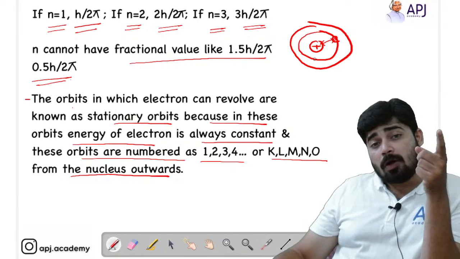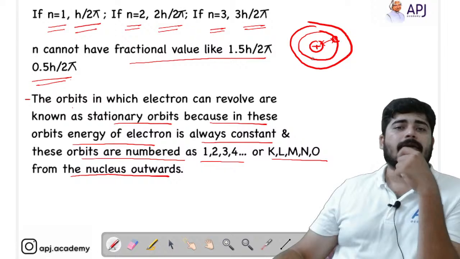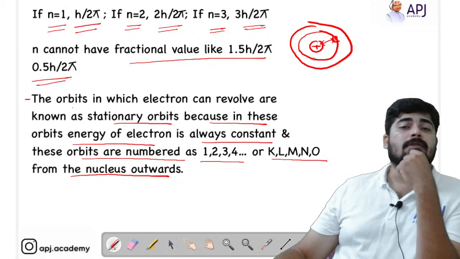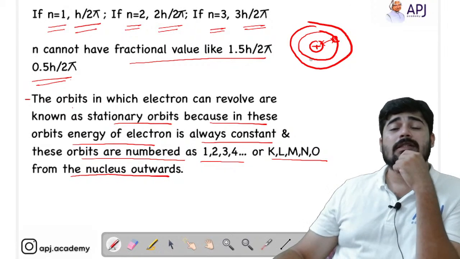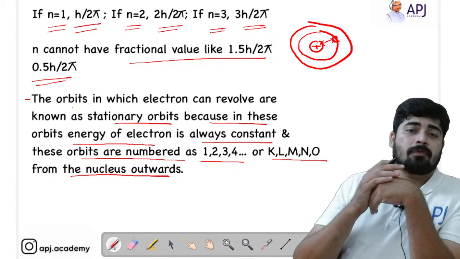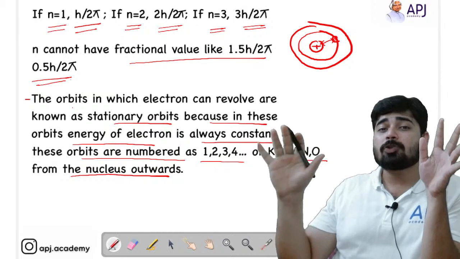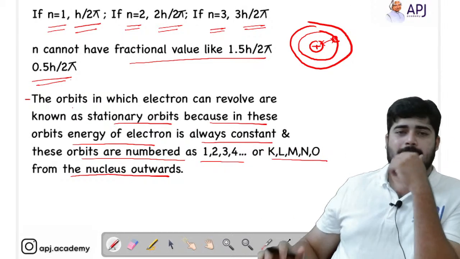If the electron falls into the nucleus, then that atom gets destroyed. If that happens, then think about the universe, think about our body, think about everything around you. Everything will get completely destroyed. No earth, no universe can exist if that happens.